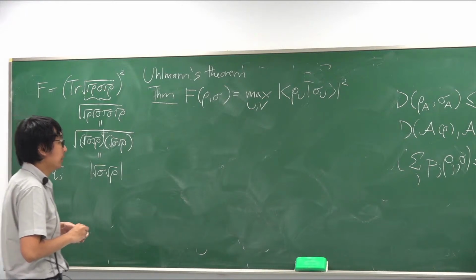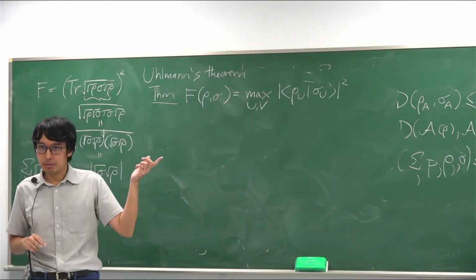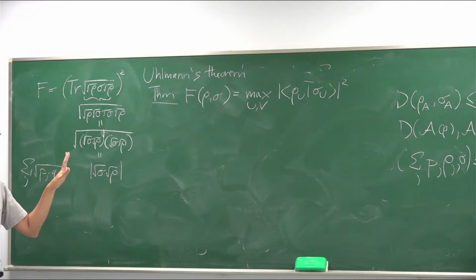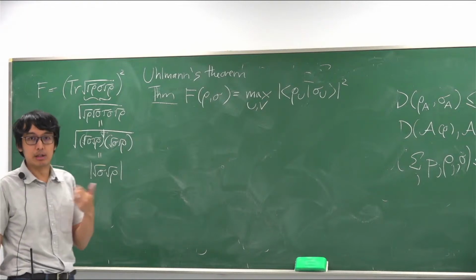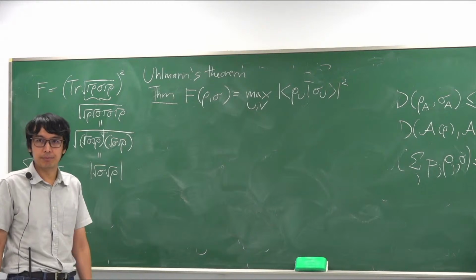And this unitary freedom is expressed by the GHJW theorem that we talked about earlier in the semester. We phrase it as a freedom of ensemble decomposition of the density operator.